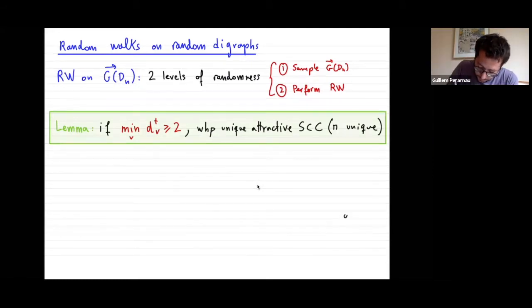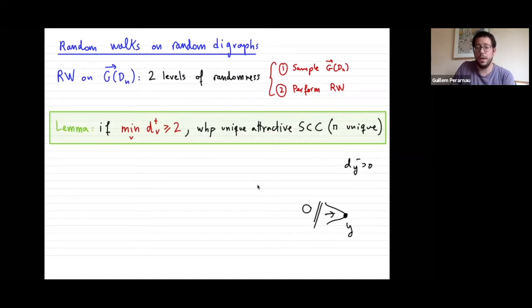Imagine that you have a vertex y, and you don't know anything about its in degree. So it could be 0. If it's 0, of course it's not going to be in the strongly connected component. It could be positive. So maybe you have some sort of in neighborhood, but maybe after some time this neighborhood dies out and there's nothing else.